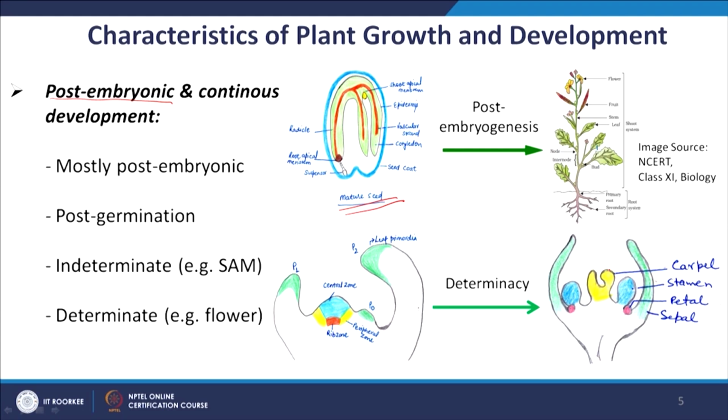So, this is a process of gaining determinacy. One indeterminate meristem gave rise to a determinate meristem. This is one very important process in the development of plant organs.